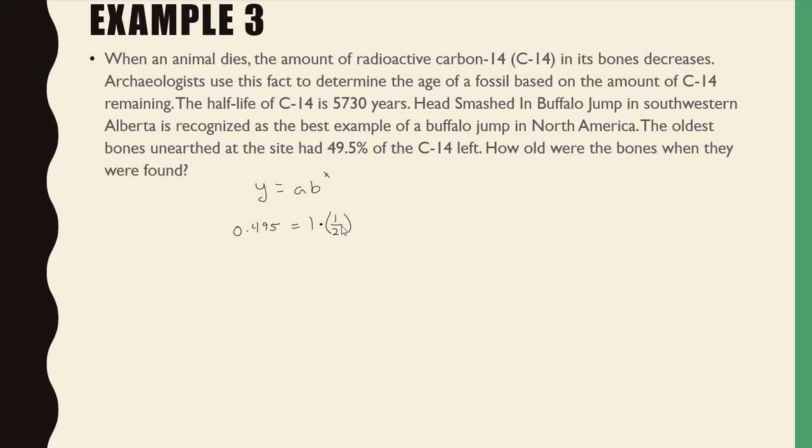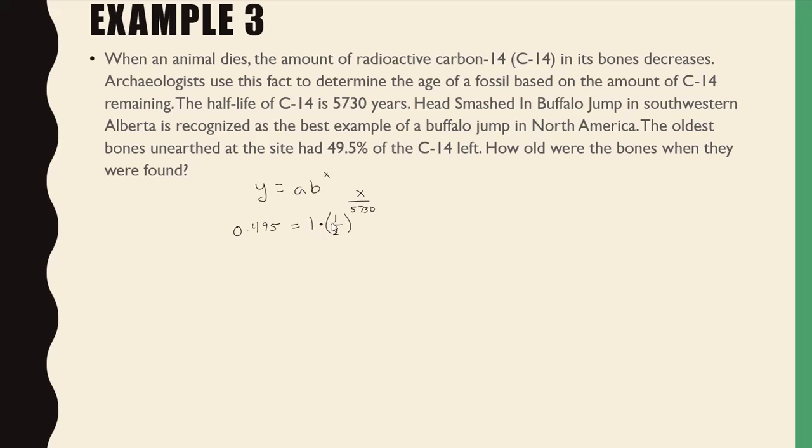That's why b, our base, is going to be 1/2. And we know that it happens every 5,730 years that we lose half. The question is, how many years was it when we actually found it? So I'm going to do that division here, where x is the amount of years it's been dead, and we divide that by 5,730 to see how many times it's actually lost half its value.